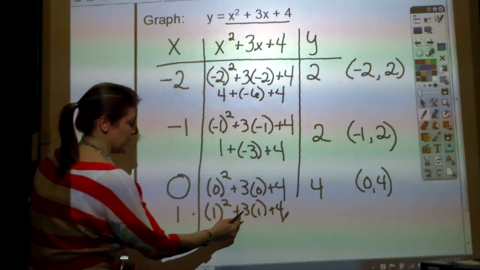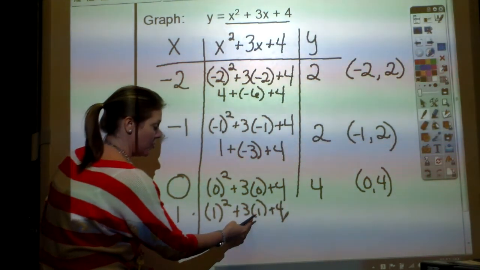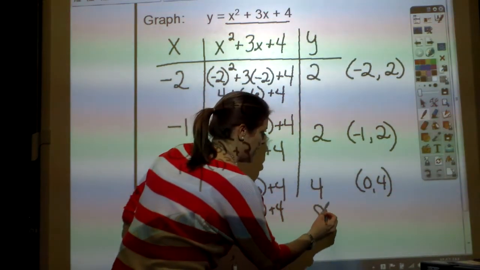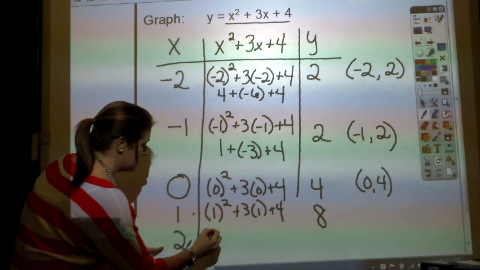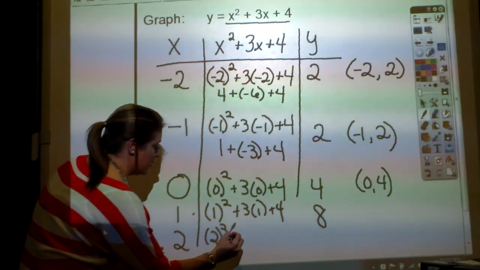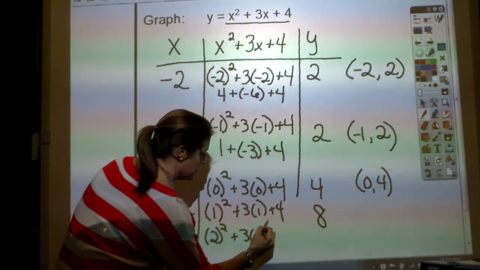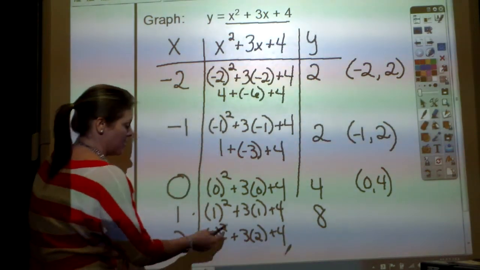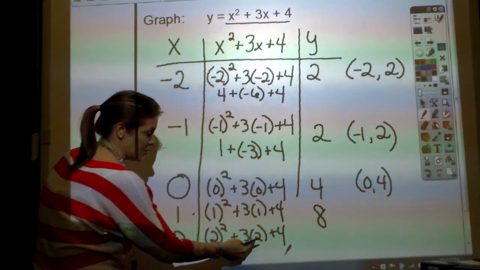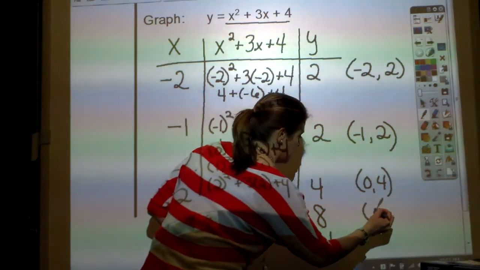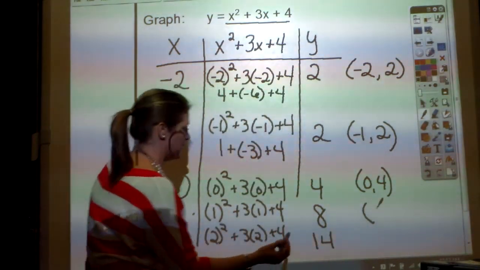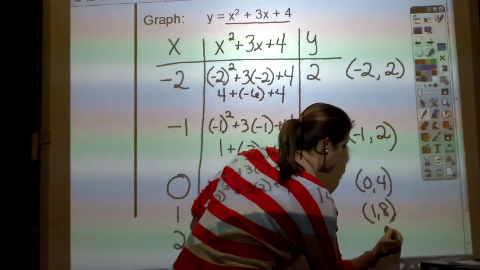So that's 1 plus 3, which is 4, plus 4, which is 8. Then you can also put the 2 in. 2 squared plus 3 times 2 plus 4. That's 4 plus 6, which is 10, plus 4, which is 14. So that gives me 1, 8, and 2, 14.